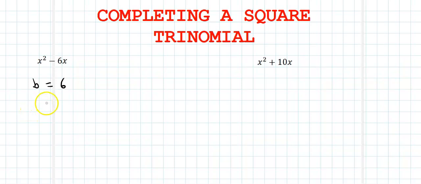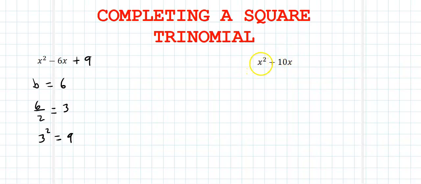If I divide this number by 2, the result is 3. And then we put the answer to the second power, and this is 9. So the perfect square trinomial is x to the second power minus 6 times x plus 9.